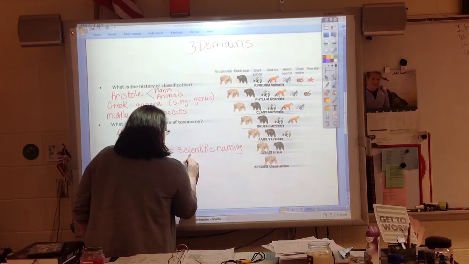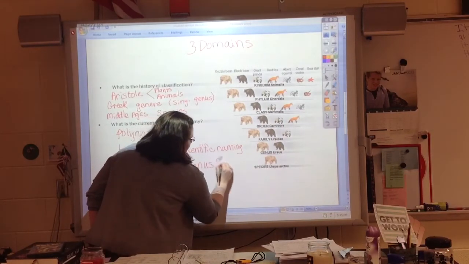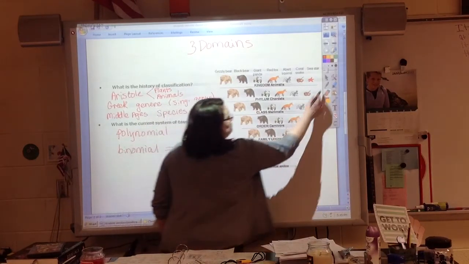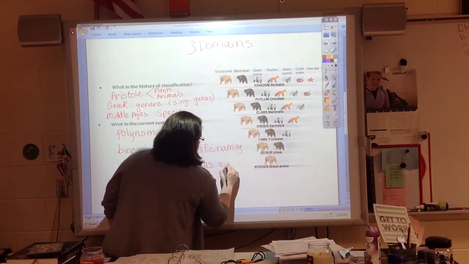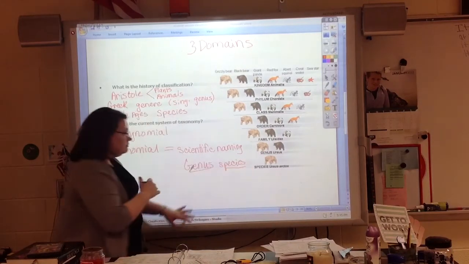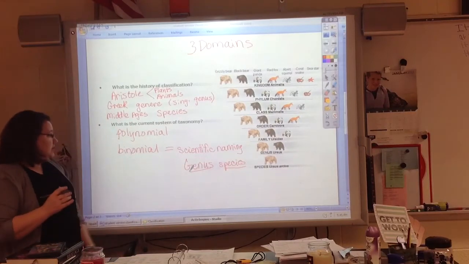Which is what we just talked about, the genus and species. Again, we have to underline or italicize, and capitalize the genus.